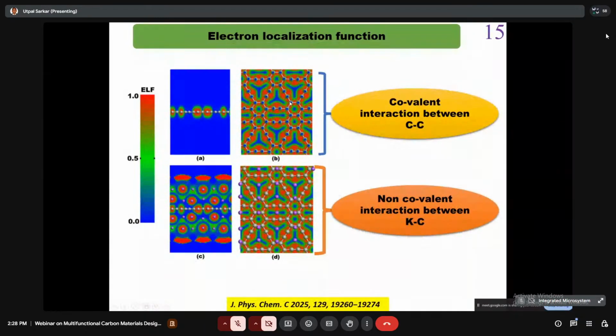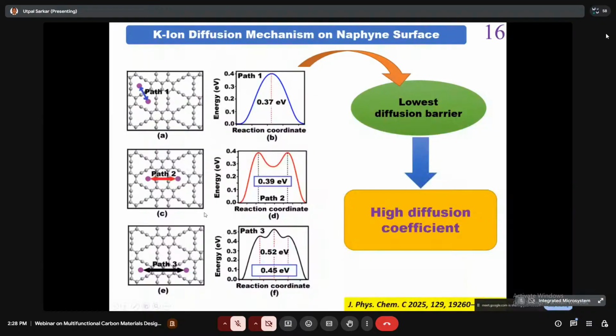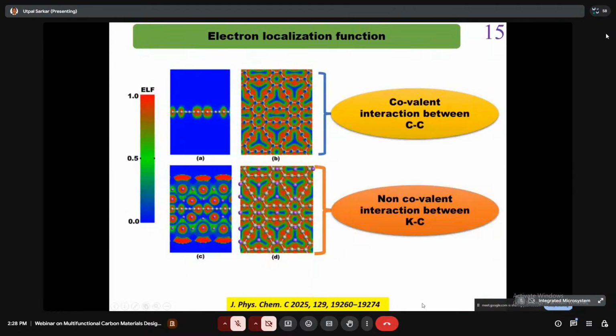So this particular structure tells you that this is covalent in nature. However, you see here and here, this covalency is now decreasing, and non-covalent type interactions, ionic interactions, come in when you put the potassium ion on top of this structure.